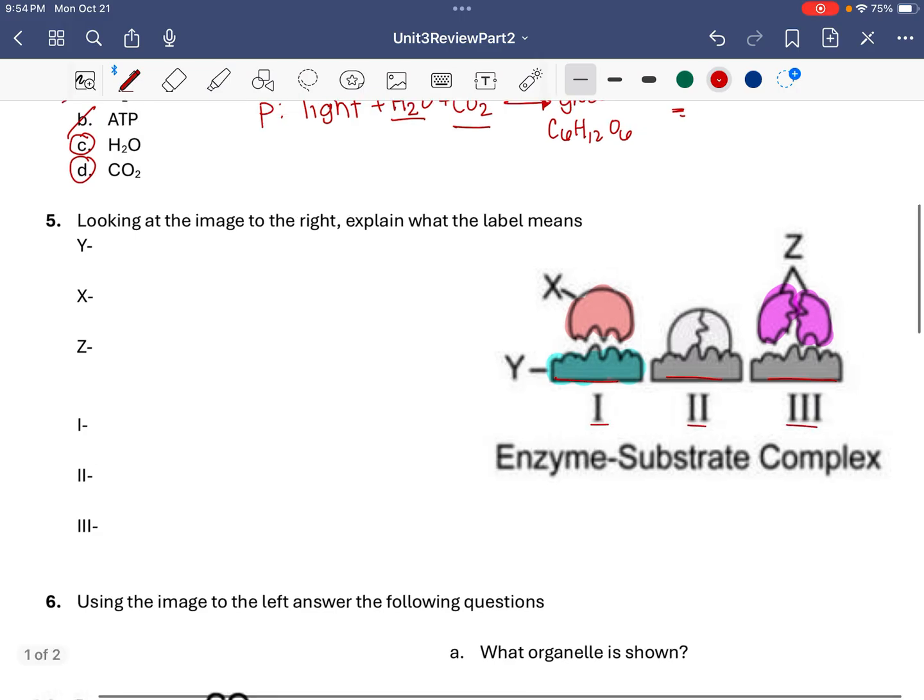So Y is your enzyme. It is important to remember that enzymes remain unchanged. Y is our lock, like in the lock and key model. The piece connecting to it would be considered your substrate. And then lastly, at the end, your substrate will change. It is going to break into little pieces. Those are your products.